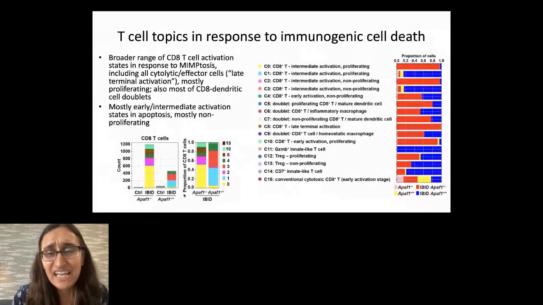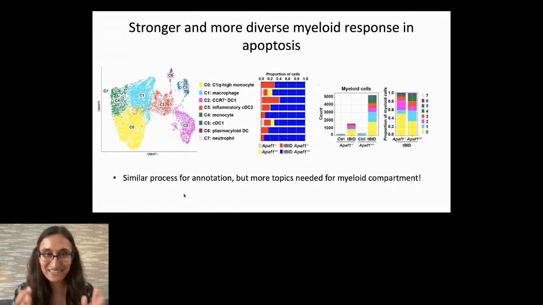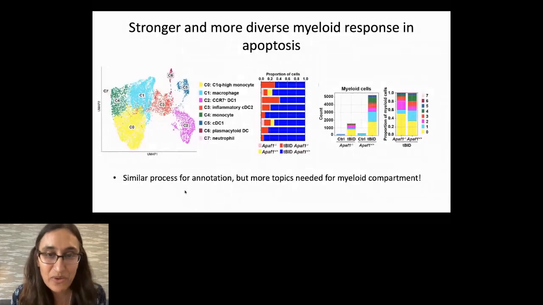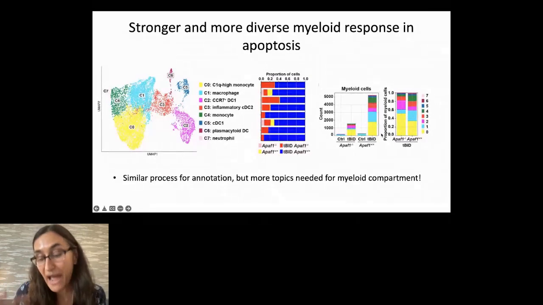Okay. And you can also do the same thing for the myeloid component. I'm not going to present the details, and actually in the manuscript, we don't show all the topic analysis that informed these broad clusters. But what we can say is that the myeloid response is much stronger in apoptosis.